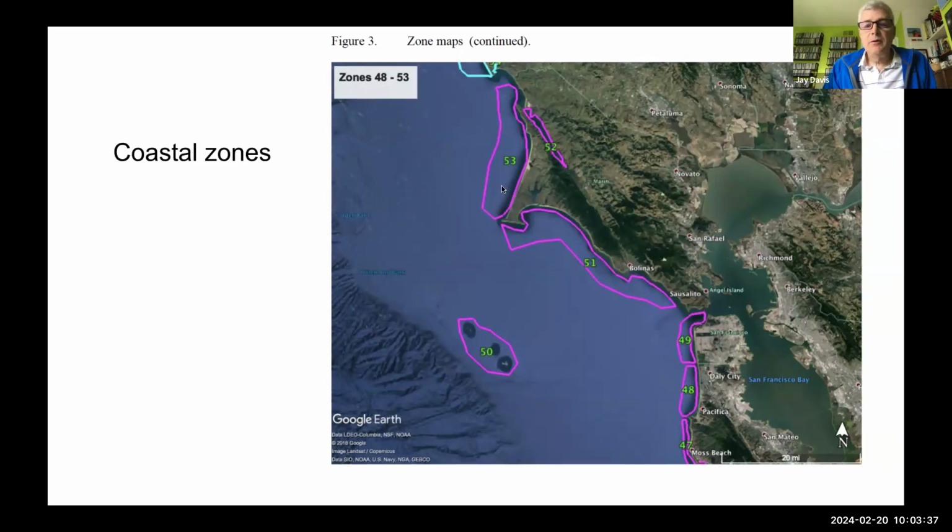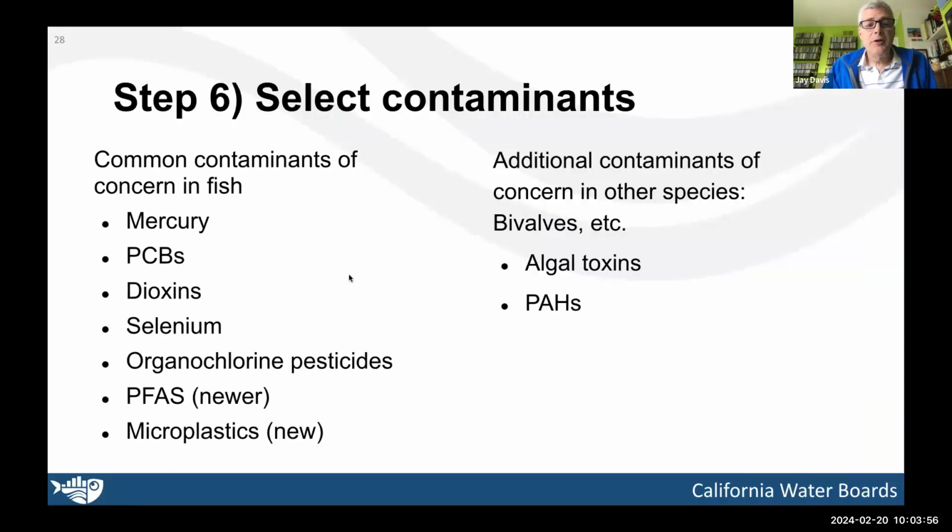And within each zone, we try to hit the spots where people fish the most, but there's flexibility to move around within a zone like Tomales Bay here. So different designs for different locations.